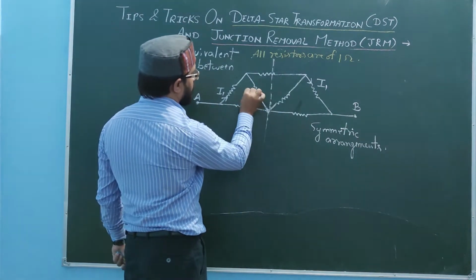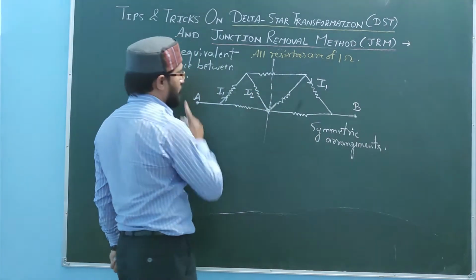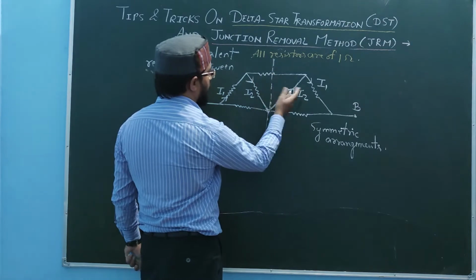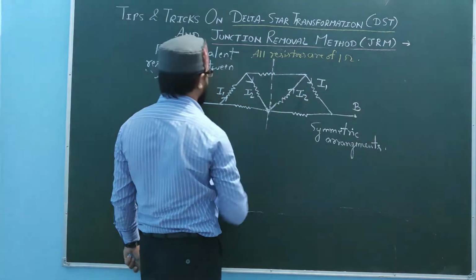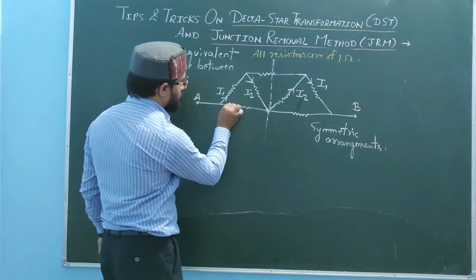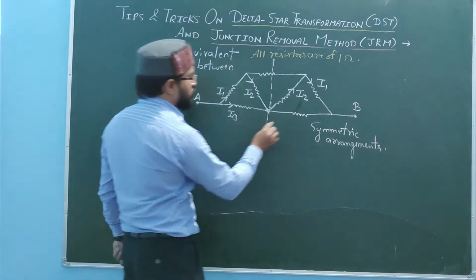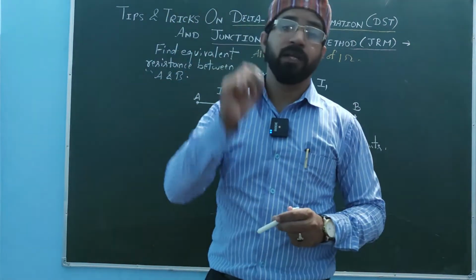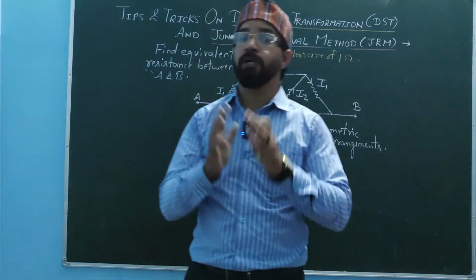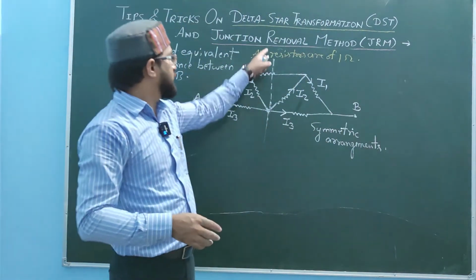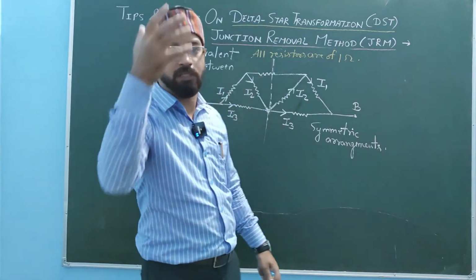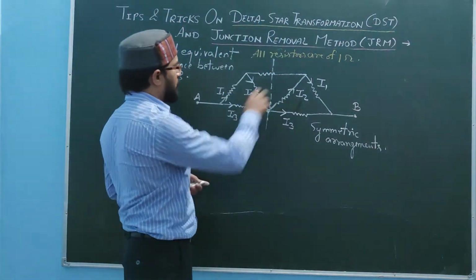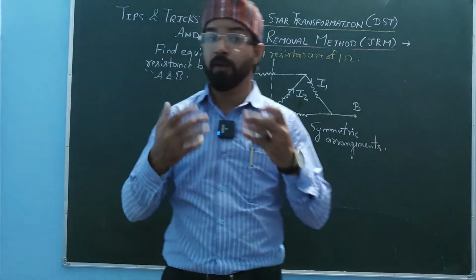Here I take I2, and this is also I2, the same branch, current moving from A to B, and this current is I3, so in this branch also the current is I3. Again I am repeating: you can find the symmetric arrangement by taking an imaginary line, and you will see there is a mirror image. So you can send the similar current in the similar mirror branches.